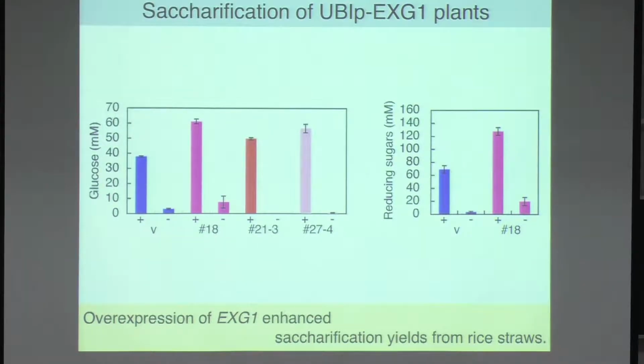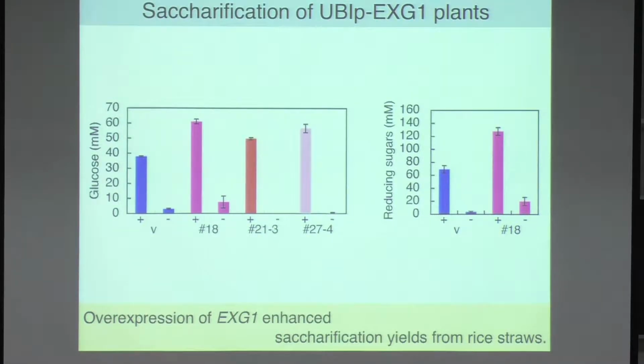And this shows the result. The left side is the concentration of glucose in the reaction mixture, and this is reducing sugars, including glucose. V is the control plant, and these three are transgenic plants overexpressing exoglucanase. The plus indicates commercially available cellulases added to the reaction mixture, and minus indicates no cellulase was added to the reaction mixture.